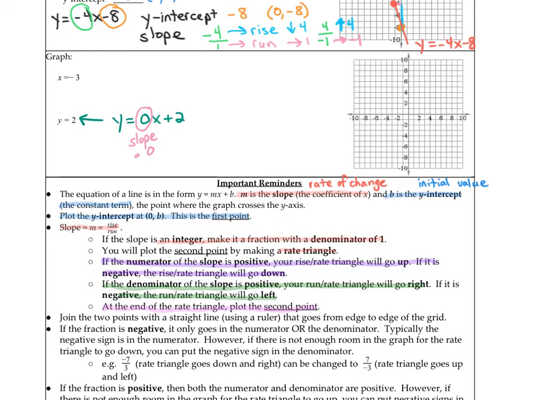And what you should remember, hopefully, from the slope lesson is when a slope is 0, that means it's a horizontal line. Then what we have is the constant term, and that's the y-intercept.